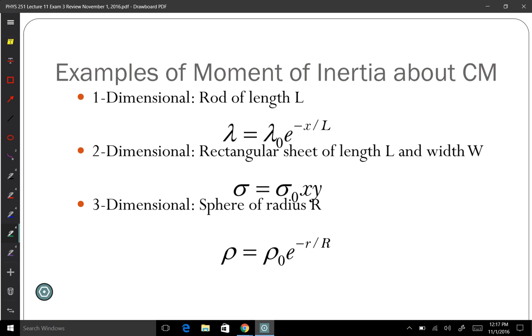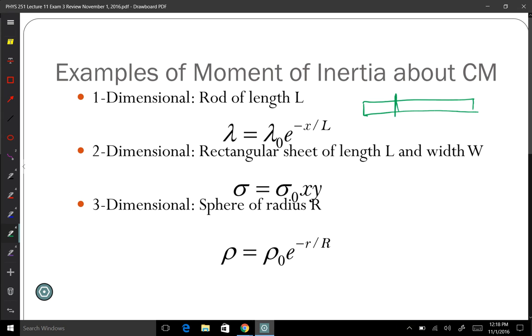Of course, I wouldn't put x equals 0 at the center of the rod, so instead I would have to use r perpendicular equal to x minus the center of mass x, or the absolute value of that. The center of mass was some specific position, xcm.